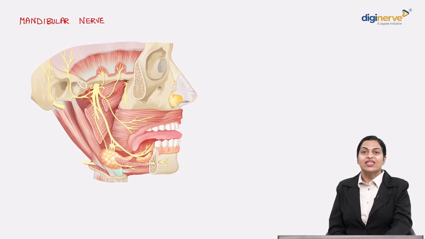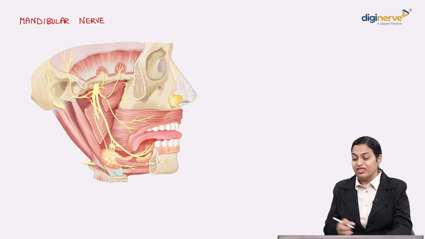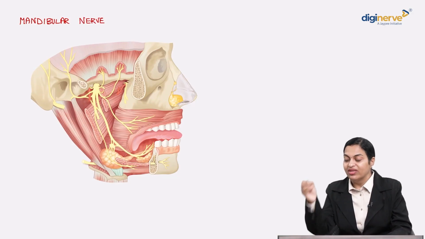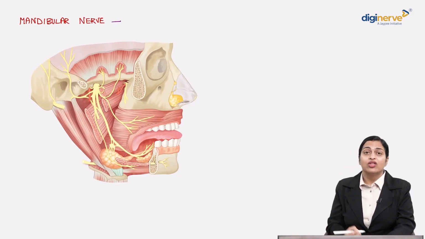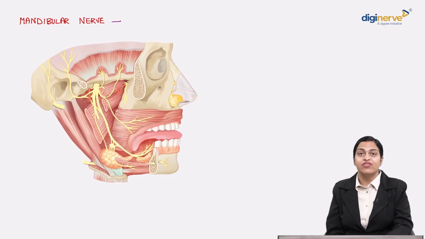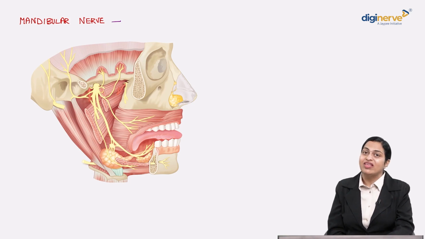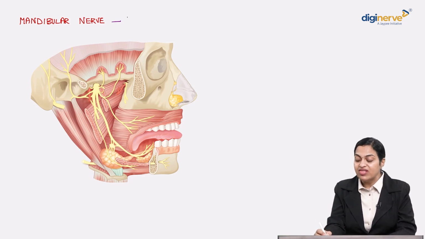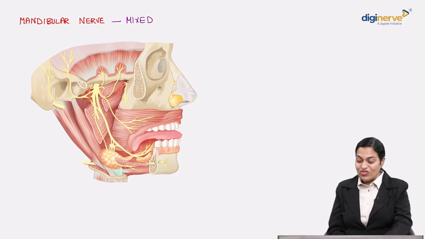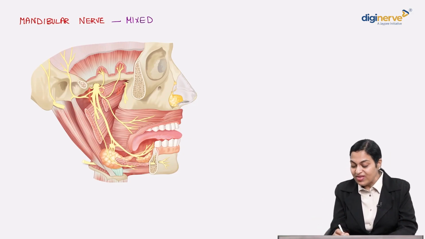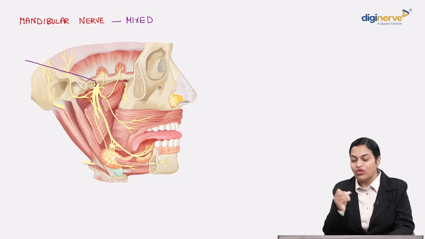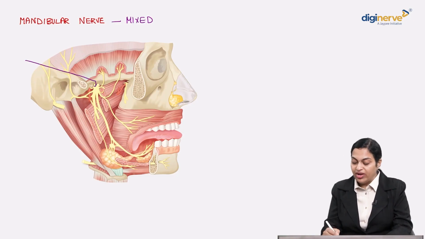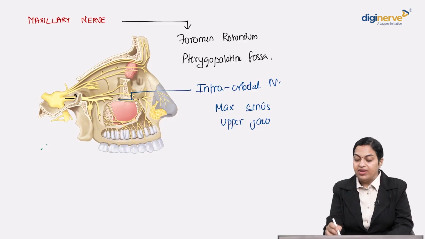And lastly, the mandibular division of the trigeminal nerve. Remember, this is important. The ophthalmic and the maxillary divisions of the trigeminal nerve are entirely sensory, but this is a mixed nerve. It has the motor component also. So this is the mandibular division of the trigeminal nerve. I would like to point out the mandibular nerve.